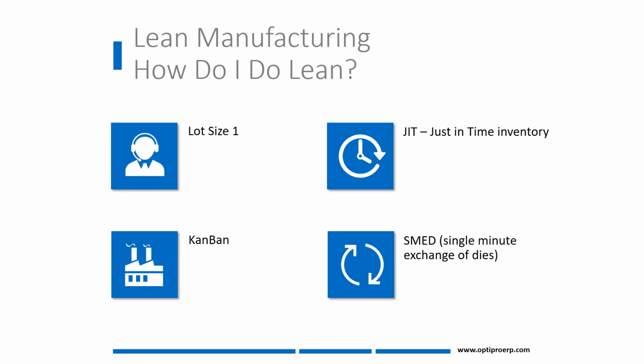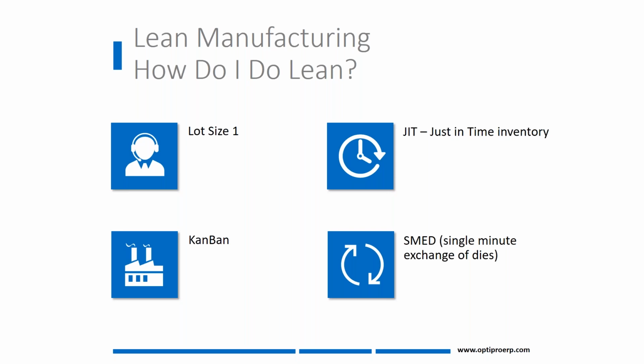Robotics to zip dies in and out, automatic clamping. These are all part of the SMED concept. How do I keep that spindle running as much as possible? How do I keep the press making parts as much as possible? That's all about the SMED concept.